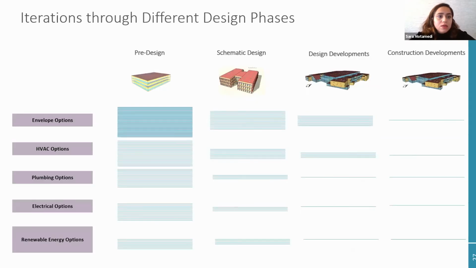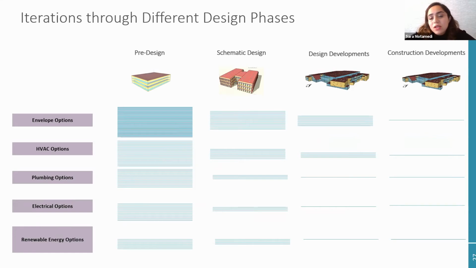What I'm saying is that we can do this systematic energy analysis, this sort of automation, in each phase of design. You can do it in pre-design when you don't know anything about the project, you just know the area and probably the location. Then at the schematic stage, probably you know what shape you want, maybe an H shape.